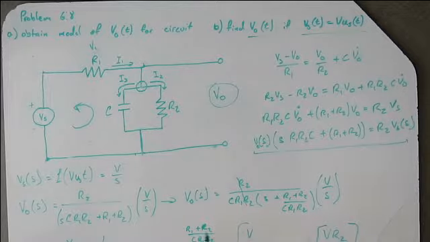And then this transforms to 1 minus e to the negative something times t. And take a look at the solution here.